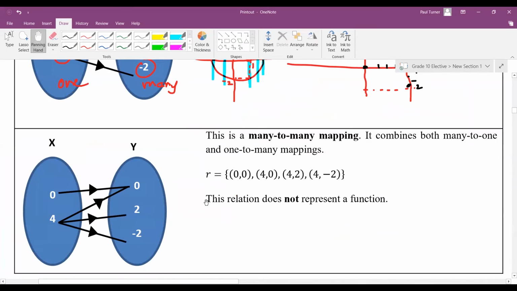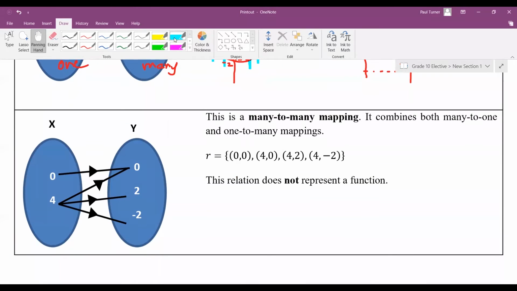The other one is a combination of, it combines many to one and one to many mappings. We call it many to many. So let's see how that works. So you've got here many to one, 2 values to 1 value. That's a many to one. But then you have a 1 to many. So it's a combination of both. All right, so that's called many to many. Okay, and that's quite a useless thing, actually.